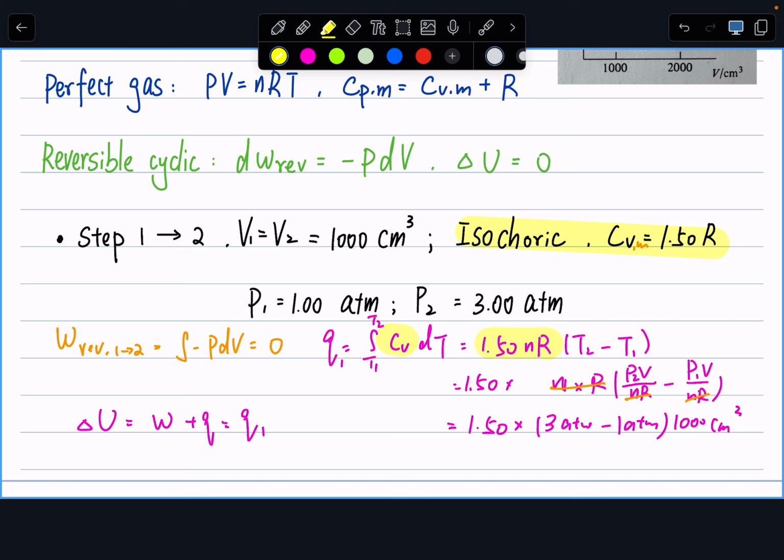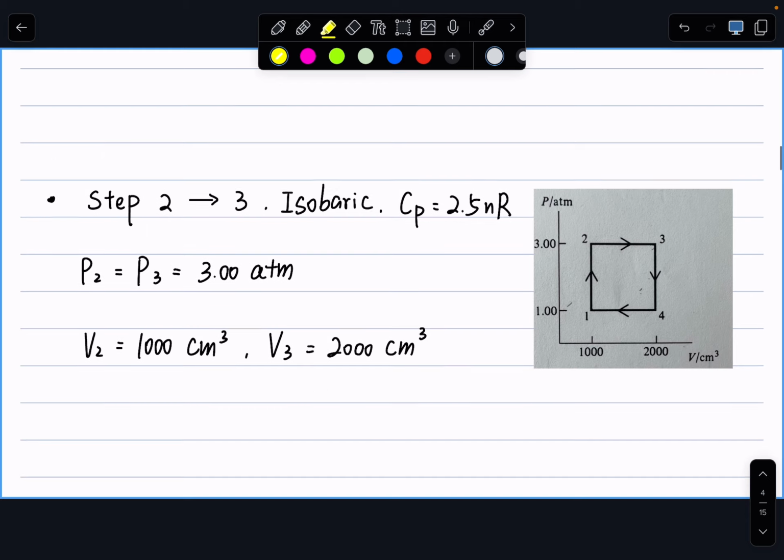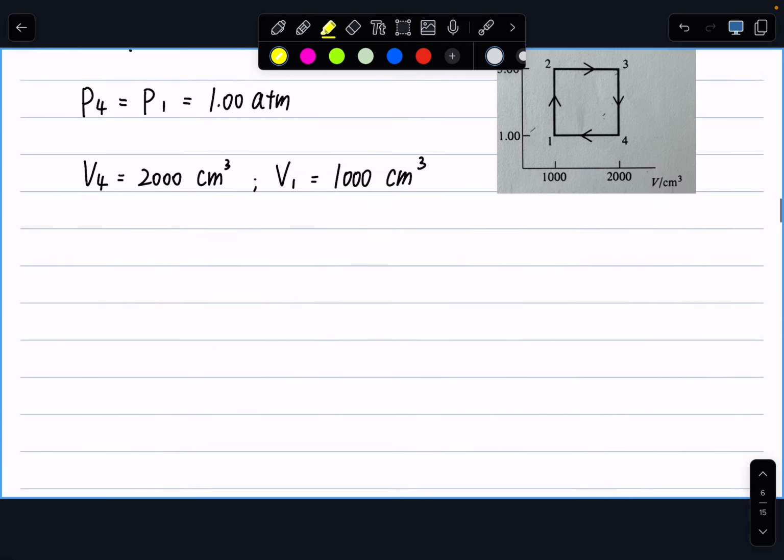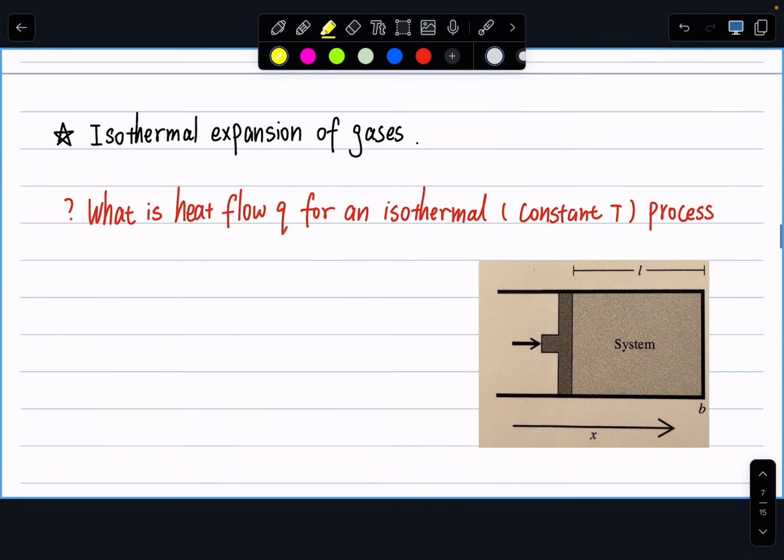And then we have about 4 minutes left, so I'll raise a question instead of giving you the answer, and in our next lecture, we'll do that together. So now think about a process that is isothermal expansion. When we have isothermal expansion, you might want to think about what is the heat flow for this isothermal process? What is Q for this isothermal process?